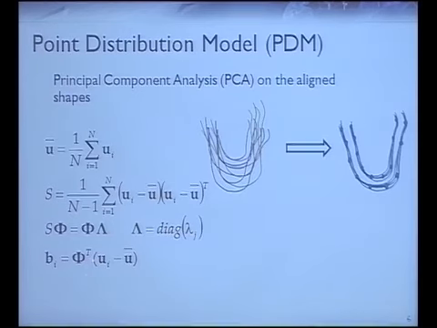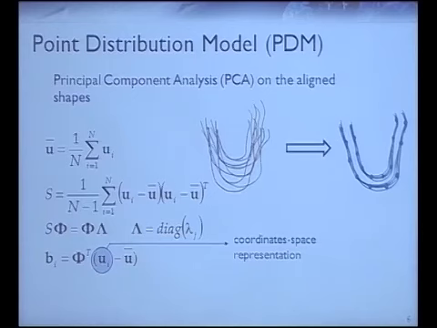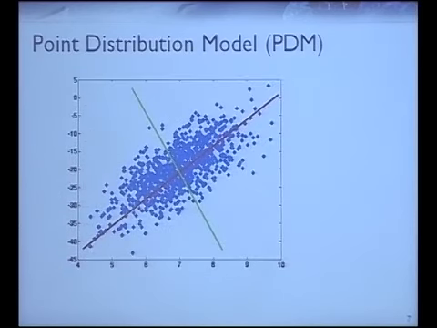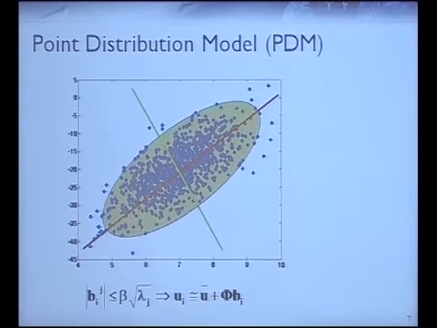What you want to do is reconstruct an average model by averaging all these vectors, compute covariance matrices, do some dimensionality reduction, and generate a model in which the parameters can be computed based on the average, the specific shape instance that you are considering, and a projection matrix that provides you the coefficients. So this is the coordinates in, say, world coordinates, and you have these coefficients which are in the statistical space, or the principal component space.